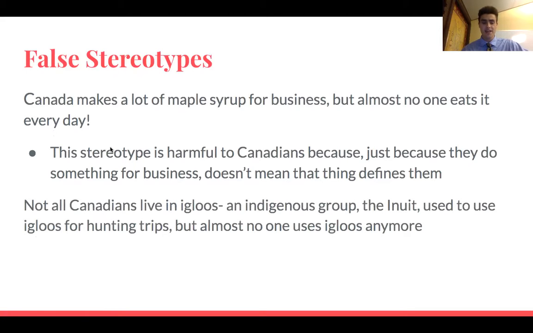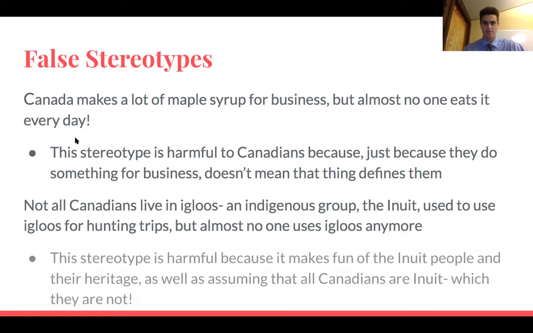And not all Canadians live in igloos. An indigenous group, the Inuit, used to use igloos for hunting trips, right? But almost no one uses igloos anymore. Most of them live in houses, right? We all have the modern technology of this world. And this stereotype is harmful because it makes fun of the Inuit people and their heritage, as well as assuming that all Canadians are Inuit, which they are not, right?